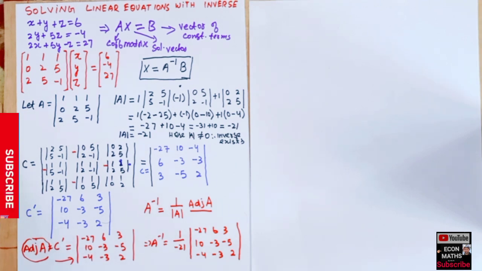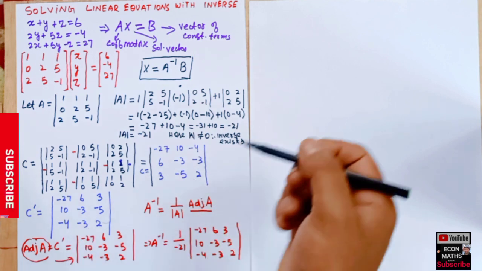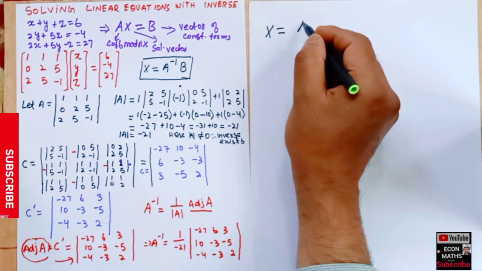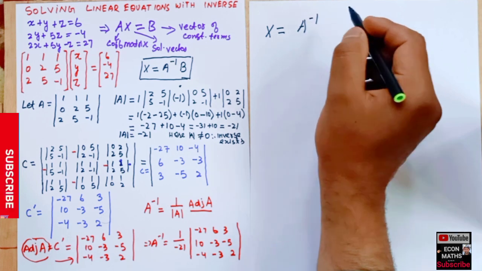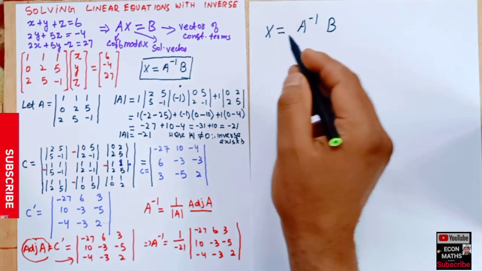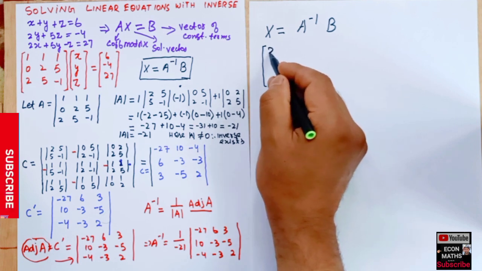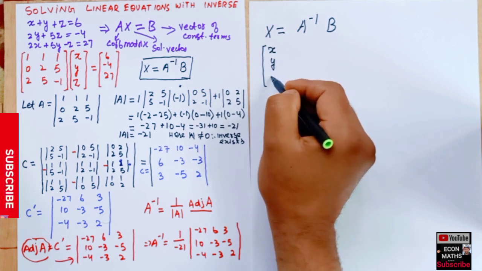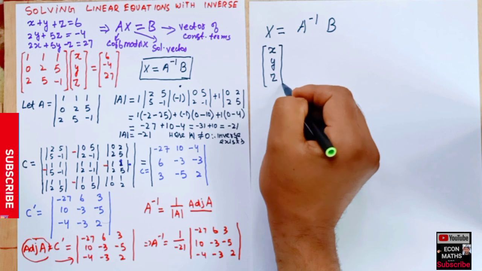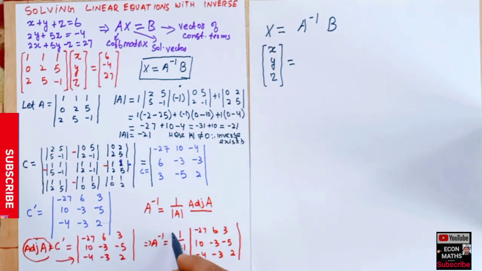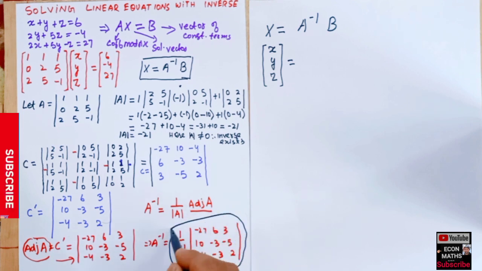Now the formula for finding the solutions of the given linear equations is that X is equal to A inverse times B. Now X is the column vector, that is the solution vector x, y and z. Now this whole part is our A inverse.